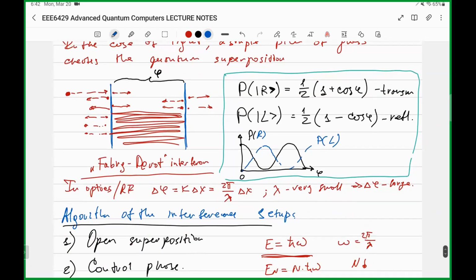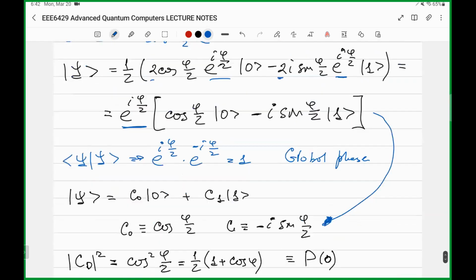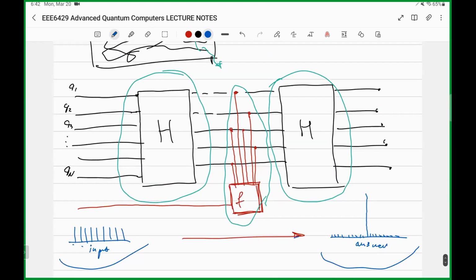But this is for just one. In the quantum computer you have a bunch of them, and multiple qubits can be entangled. So this entanglement makes your quantum computer a 2 to the power of n Hilbert space, right? The number of dimensions in your Hilbert space is extremely large.